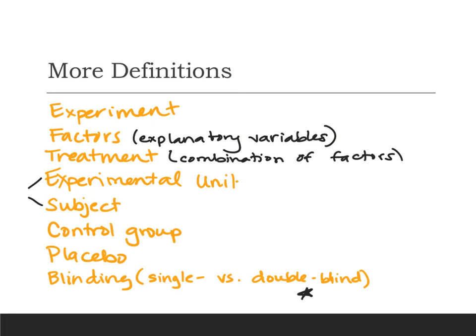Now, could you have blinding of any type when you're dealing with the cakes? Well, a cake is an inanimate object, so it doesn't know if it's being cooked in a gas oven or an electric oven. It doesn't know what type of pan it's in. So there's no blinding on the cake batter's part.